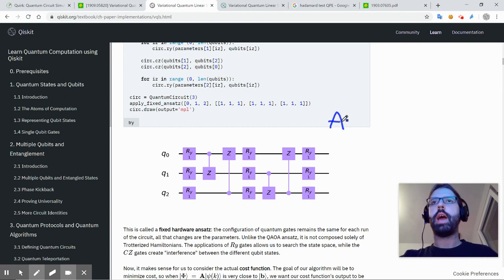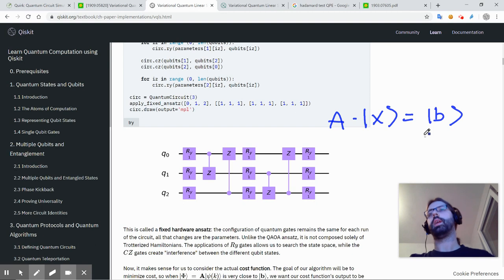If you have a matrix of the coefficients of your linear system of equations, it's this one. Then you have the ket x, the vector that holds the variables in the system of equations, and the ket b that has the right hand side of your system of equations.